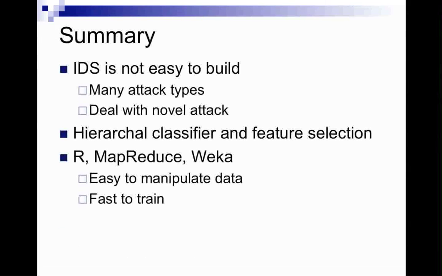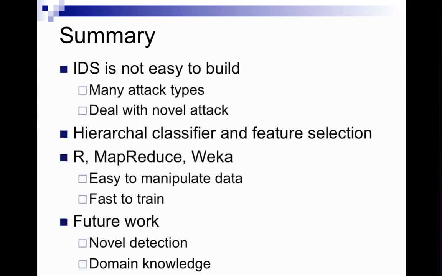MapReduce and Weka are really good tools for data scientists to do some big data analysis, and it's very easy to manipulate some data statistics, and MapReduce is very good for training the model fast. Of course, we have a lot of future work to do.